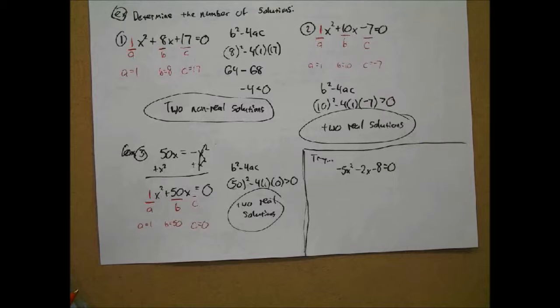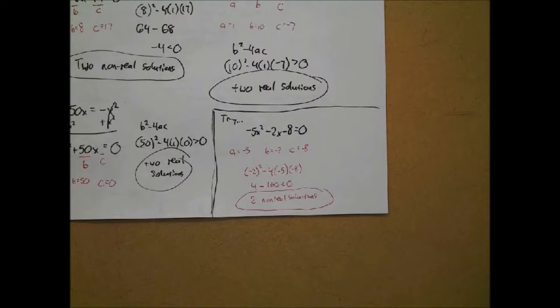Okay. Let's take a look here and see how we did. A is -5, B is -2, C is -8. That's crucial that you identify those first, right?